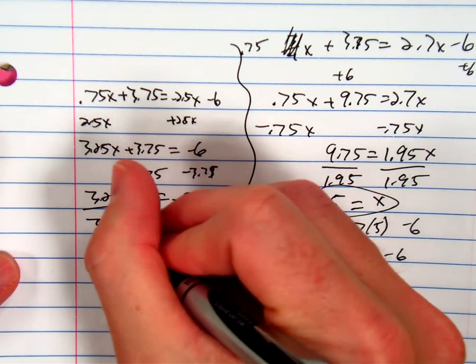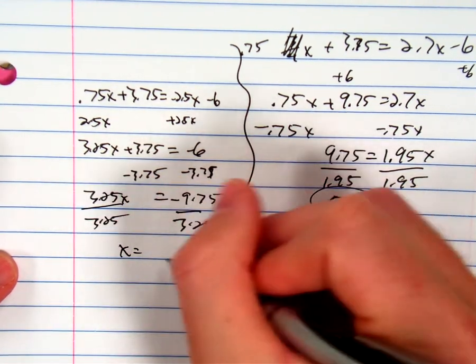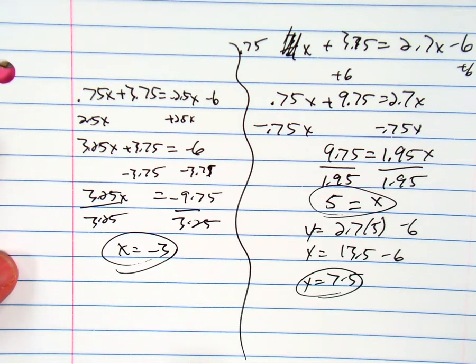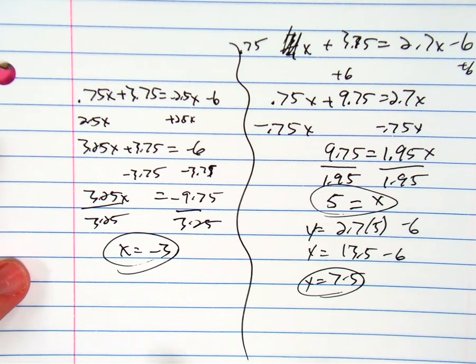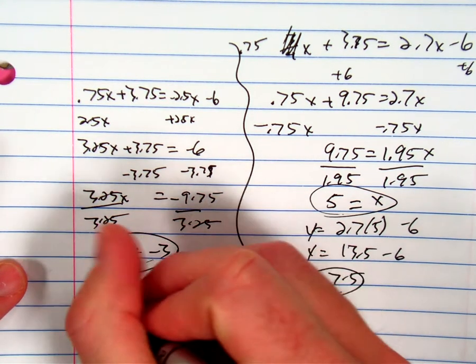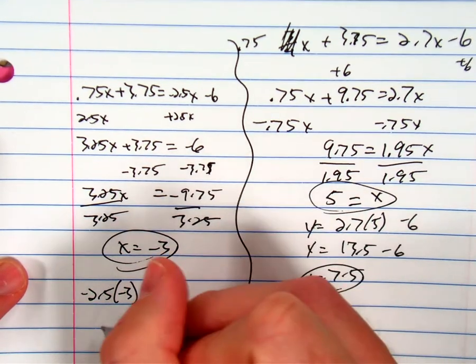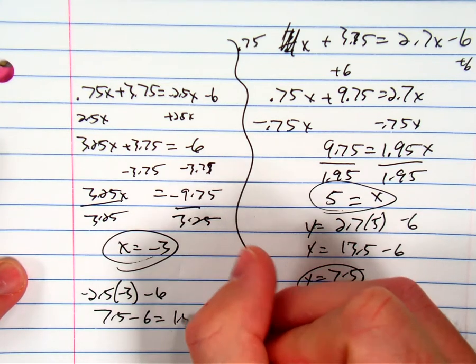Divide by 3.25. Okay, and x is going to be negative 3. So that's going to be a nicer point than what we thought. Okay, x is negative 3. So I get to put that back up into either one of those. Negative 2.5 times negative 3 minus 6. That's going to be 7.5 minus 6, 1.5 for my y.